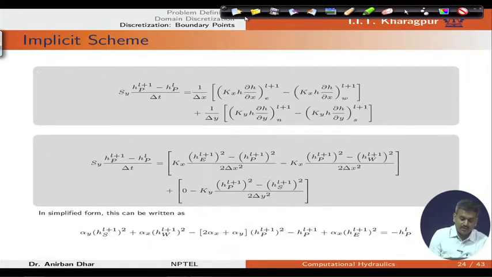So, obviously 2 alpha x, because 2 P terms are there, and 1 H_P L plus 1 which is coming from here, and H_P L which is there on the left hand side. Now, I have there in the right hand side the known quantity.